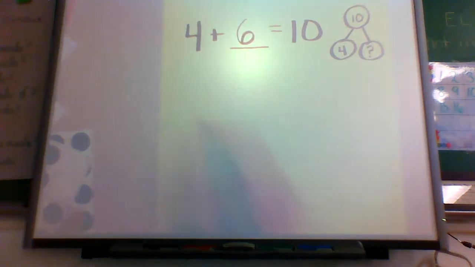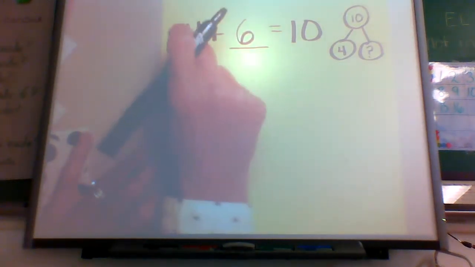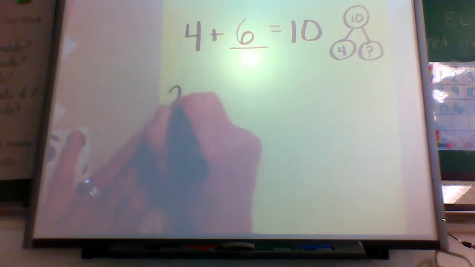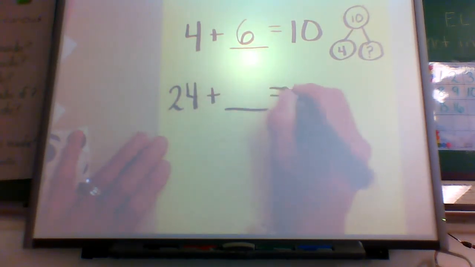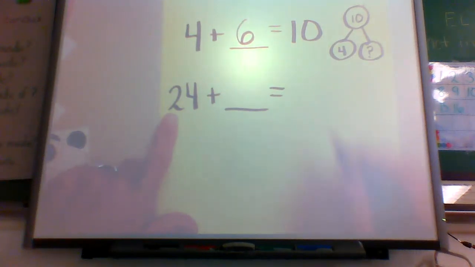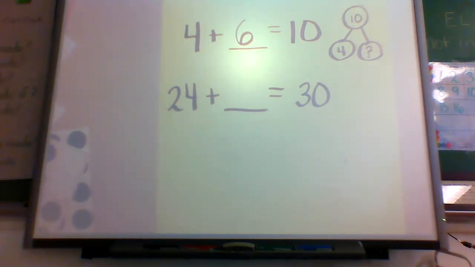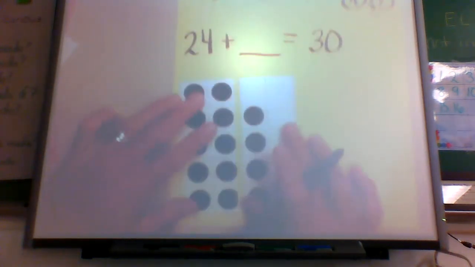Okay, now I'm going to add some more 10s to this. How about 24? What do I need to add to 24 to get to the next 10, which is going to be 30, 3 10s? Give you a chance to think about it. Here's my full 10 frame.